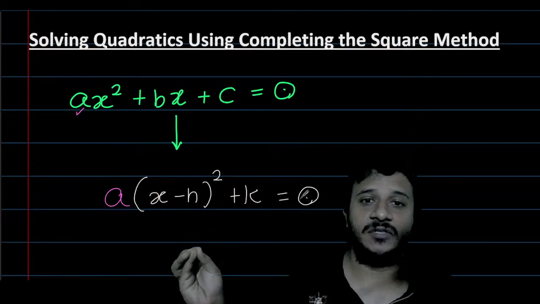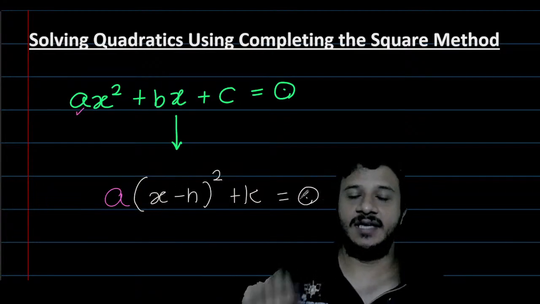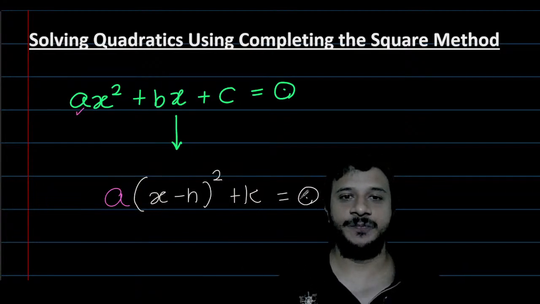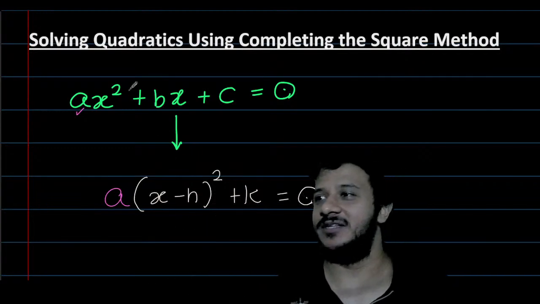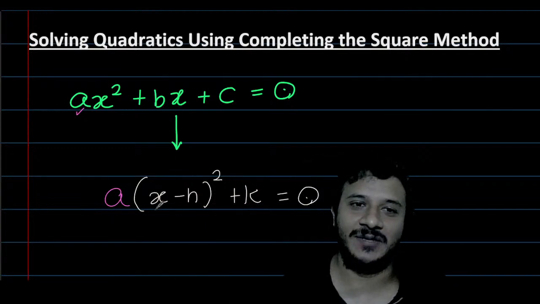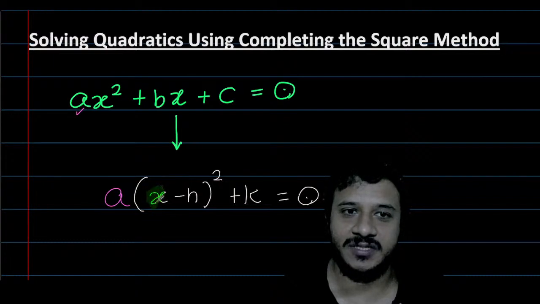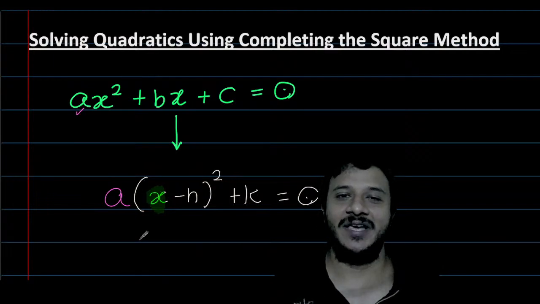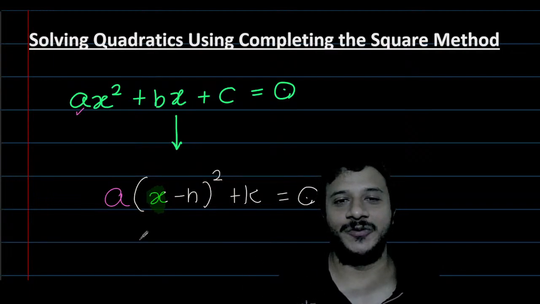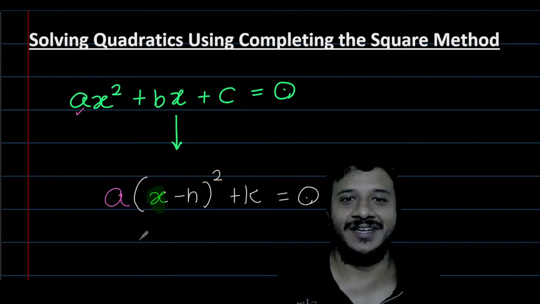Now, I will be teaching you how to get this h value and the k value and complete the square. Once you complete the square, it's going to be very simple. All you need to do is make x the subject, and once you make it the subject, you are already done with solving the equation.